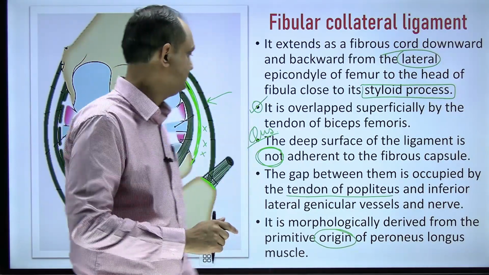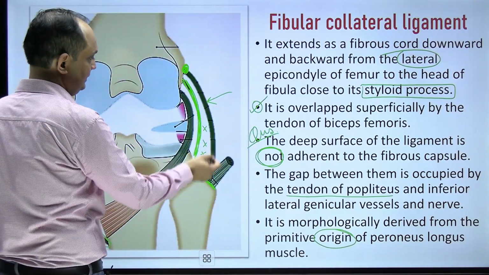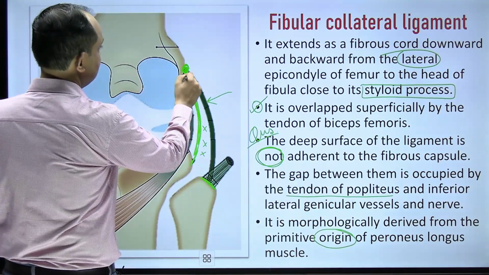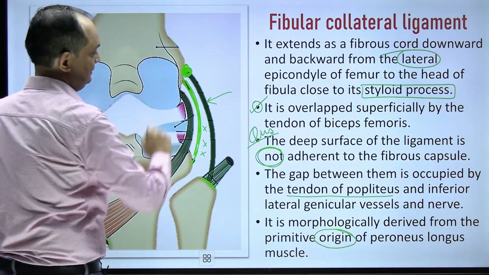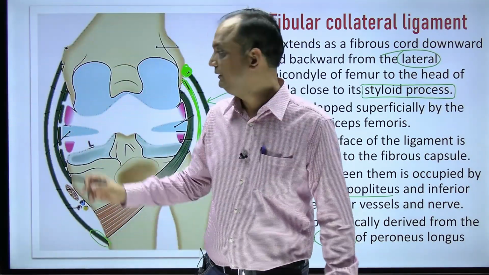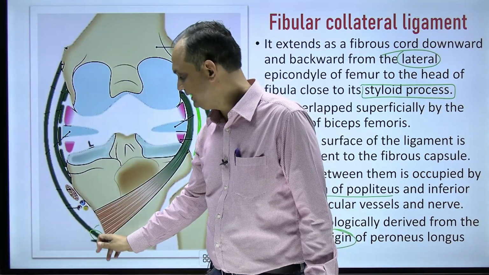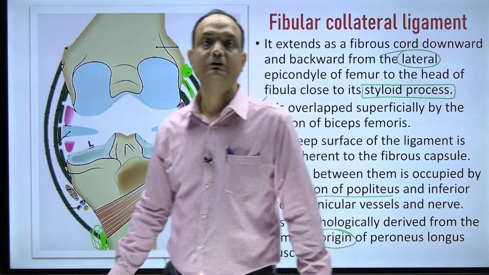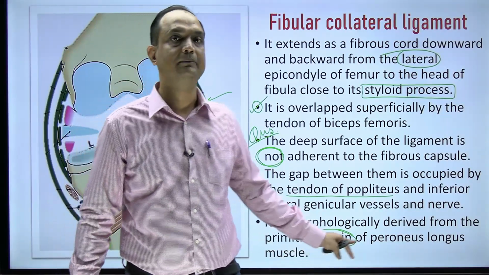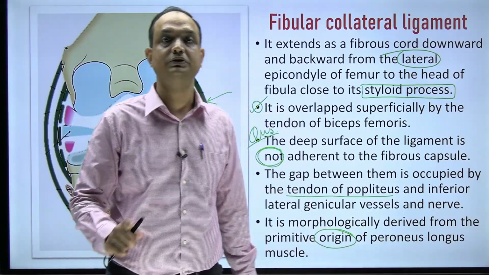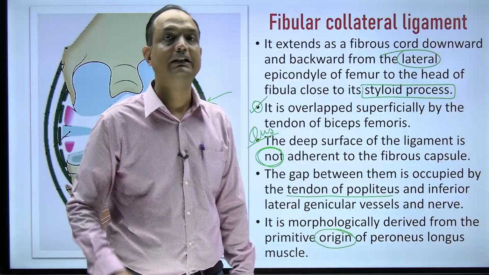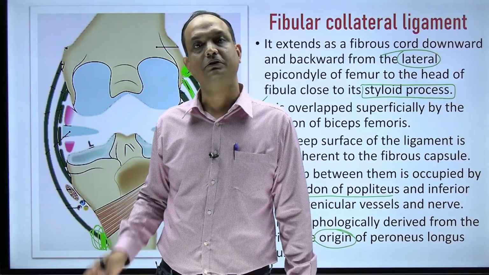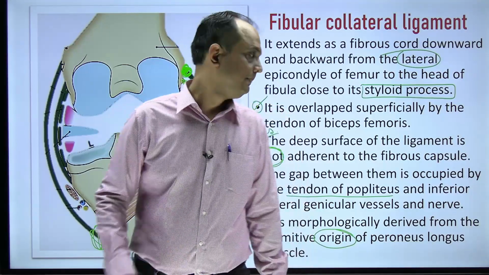So this is the difference: this ligament shows that your peroneus longus arises from this point, but the tibial collateral ligament is actually the insertion of adductor magnus here. So this ligament represents the primitive origin of peroneus longus, while the tibial collateral represents the morphologically primitive insertion of your adductor magnus.